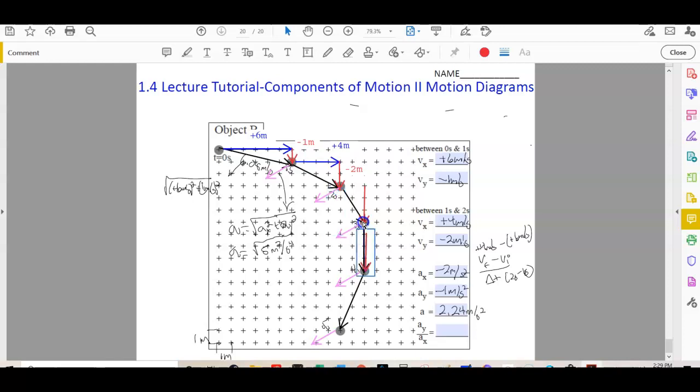Right? Until finally, in the end, it looks like it's 1, 2, 3, 4, 5.